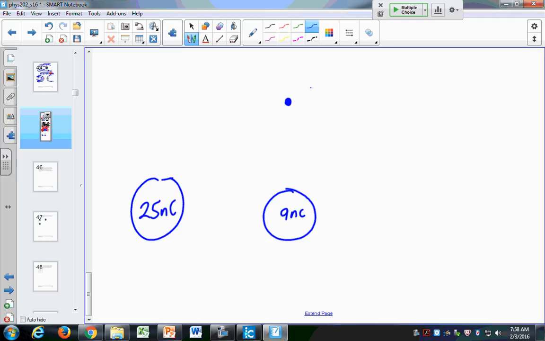I want to know what is the electric field at this point, and these distances are 4 meters and 3 meters.